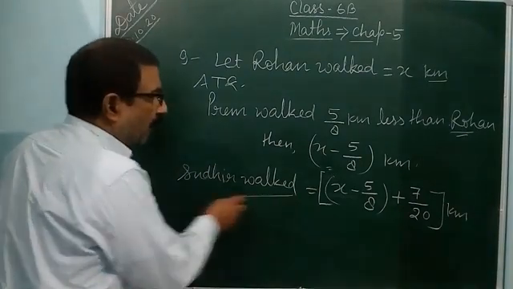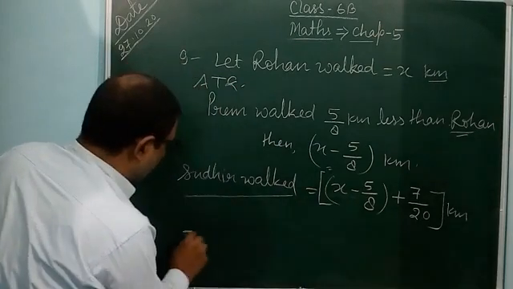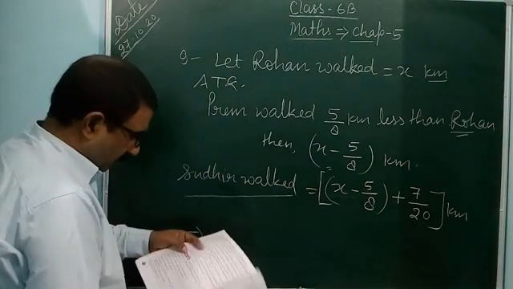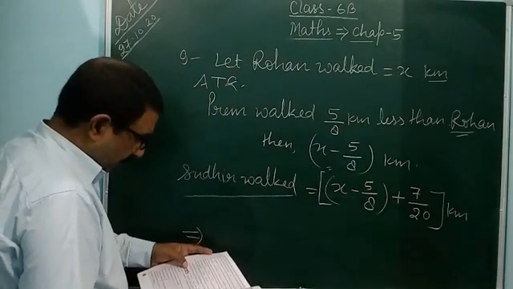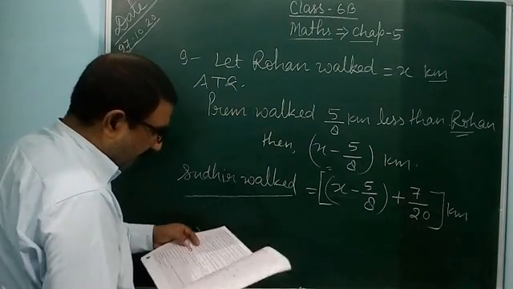So after that you can write this one. This implies that Sudhir walked 3/5 kilometer.